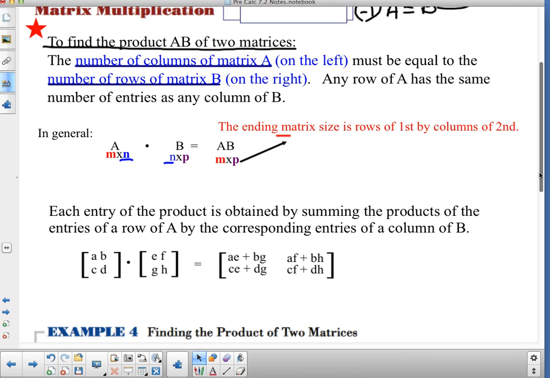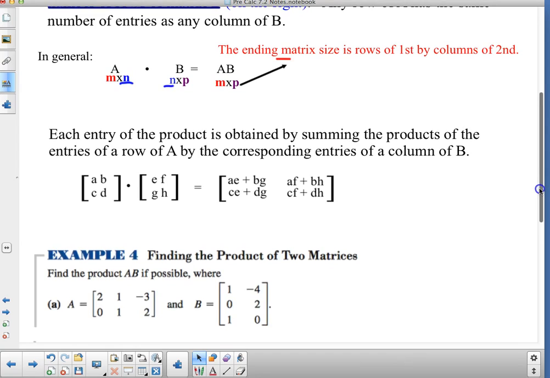But let's talk about this ending matrix size. So here's how we do it in a nutshell. If I go A, B times E, G. So A times E, B times G, and I add their products together.